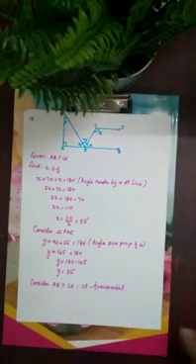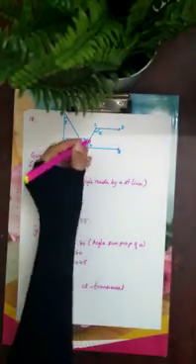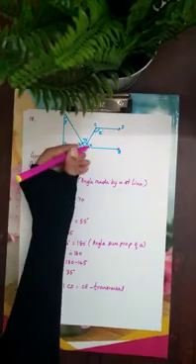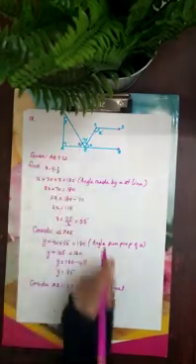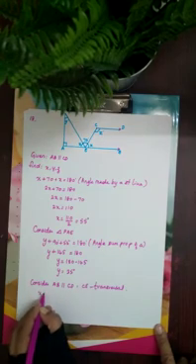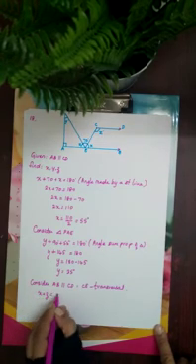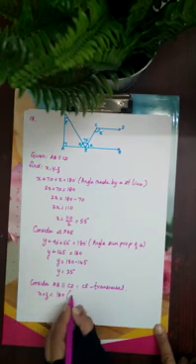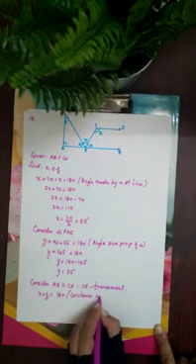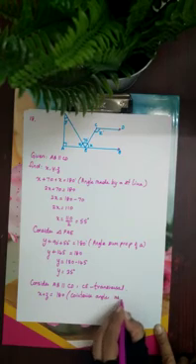Now when we say CE as the transversal, X and Z are co-interior angles. Yes, X and Z are co-interior angles, which means interior angles lying on the same side of the transversal. So let us write X plus Z is equal to 180 degrees. What is the reason? Co-interior angles are supplementary.